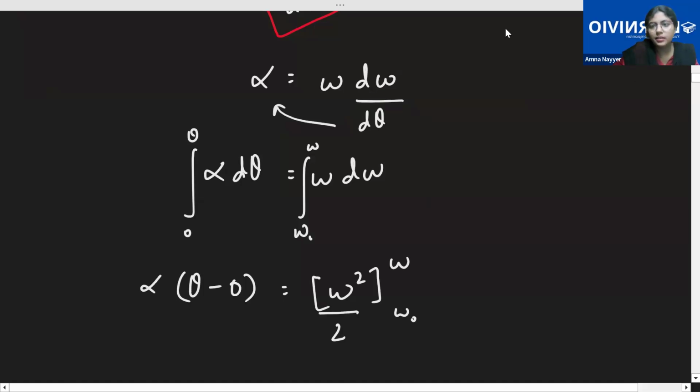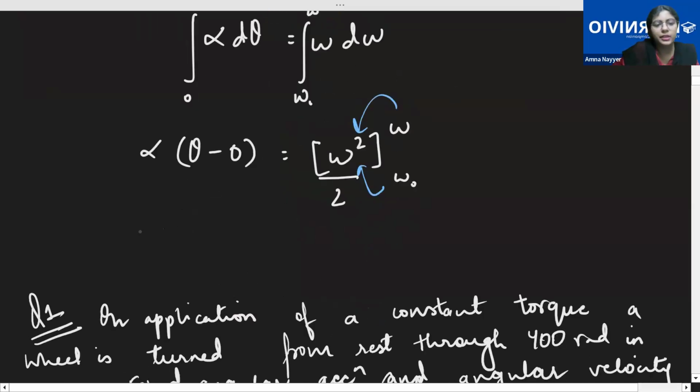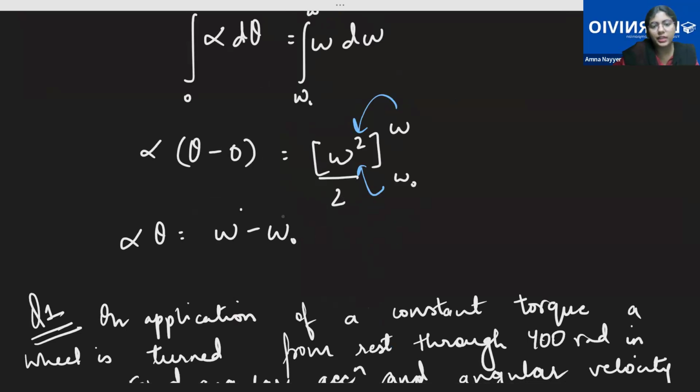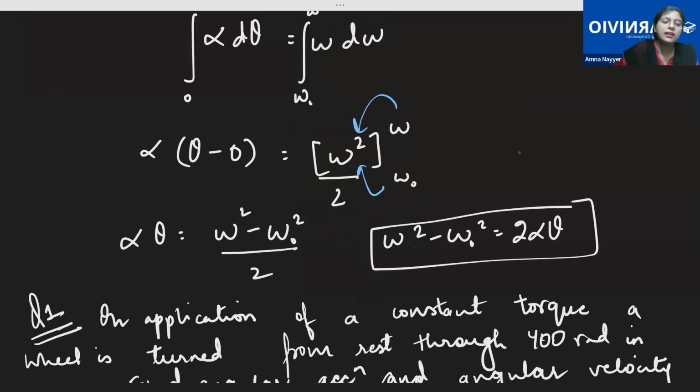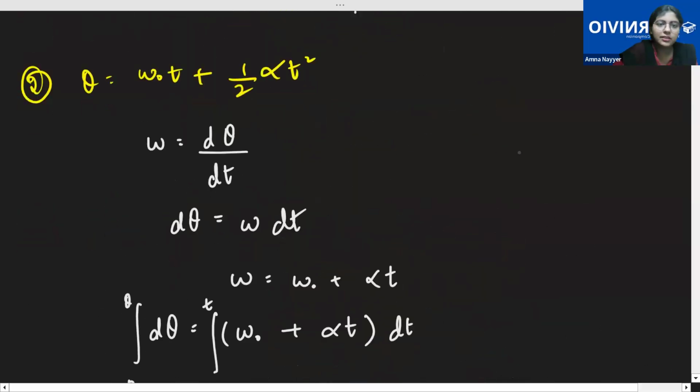We take the upper limit minus the lower limit. So alpha theta is equal to omega square minus omega naught square by 2, which is omega square minus omega naught square is equal to 2 alpha theta. These are the derivations in the NCERT. Now we'll come to the numericals, but first write down these derivations.